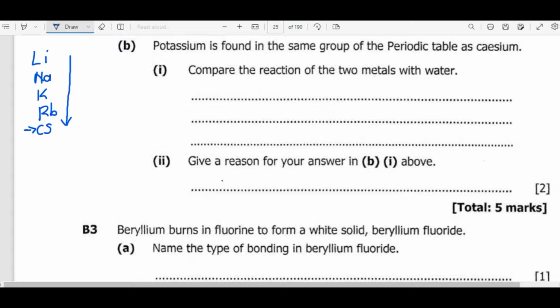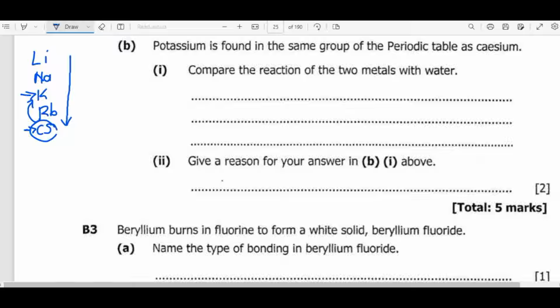Below that, potassium is here. So cesium is more reactive than potassium. So the reaction, for example, of cesium with water will be more vigorous compared to the reaction of potassium with water. So that's what we are going to say.